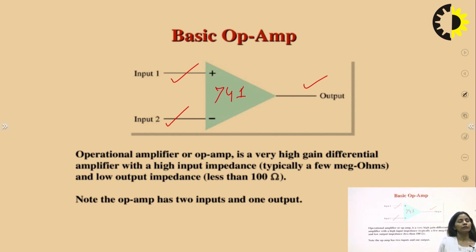Because the input impedance of the op-amp is very high, typically a few mega ohms, and the output impedance of the op-amp is very low, less than 100 ohms. So just because it has a large gain, a large input impedance and a low output impedance, we are using this operational amplifier, right?